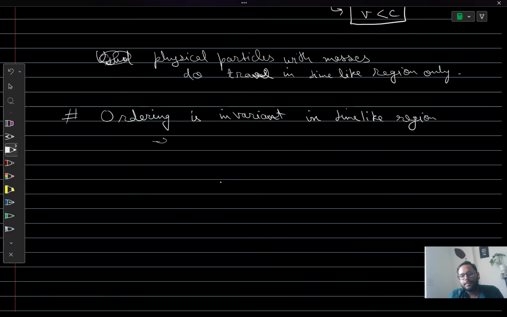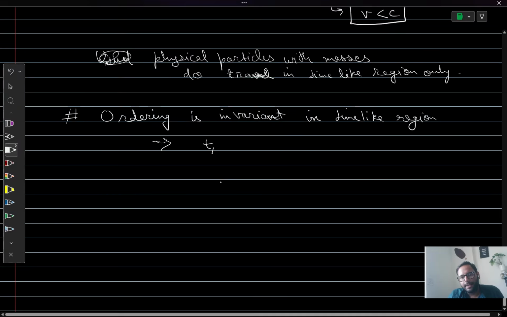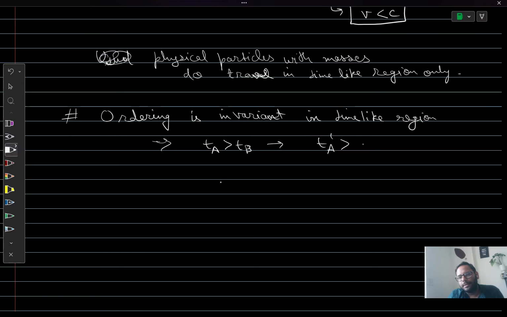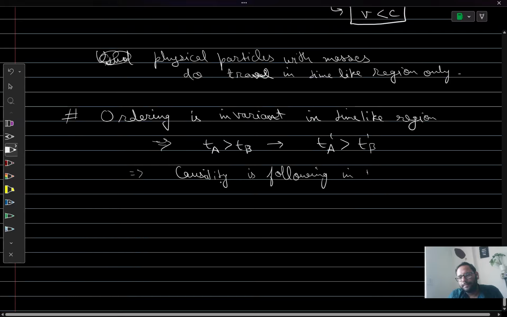This means if any event A is happening in S frame, then it will be also the same order in S prime frame. Causality is followed. I will talk about it in the next class.